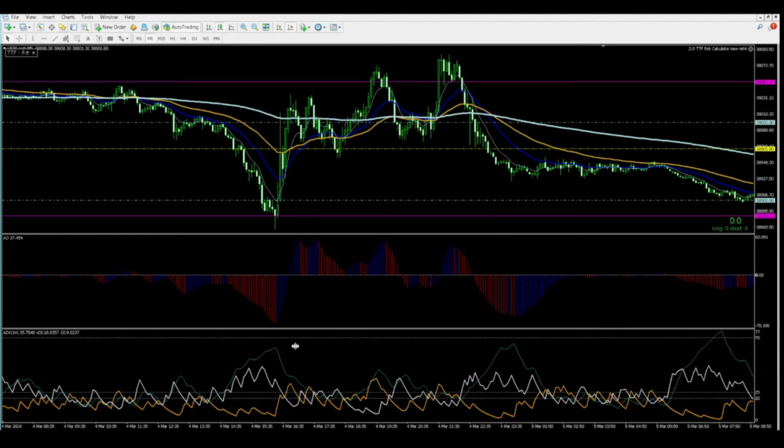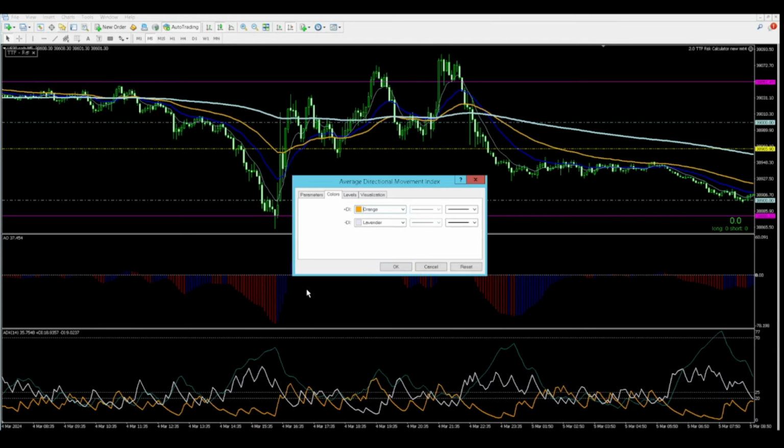And the last indicator is the ADX indicator. Let me double click. I changed the thickness, and also the colors that I want to choose for plus DI and minus DI, and levels. These are 20 and 25. Basically these are the only levels I'm using. I'm not really using 70, so I can even delete 70 from here.